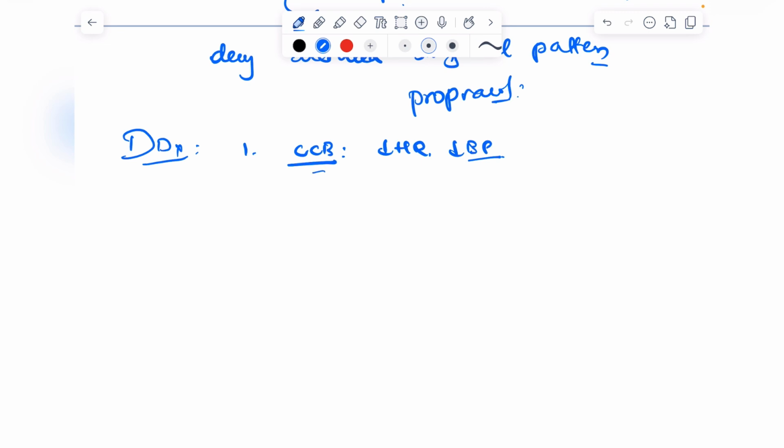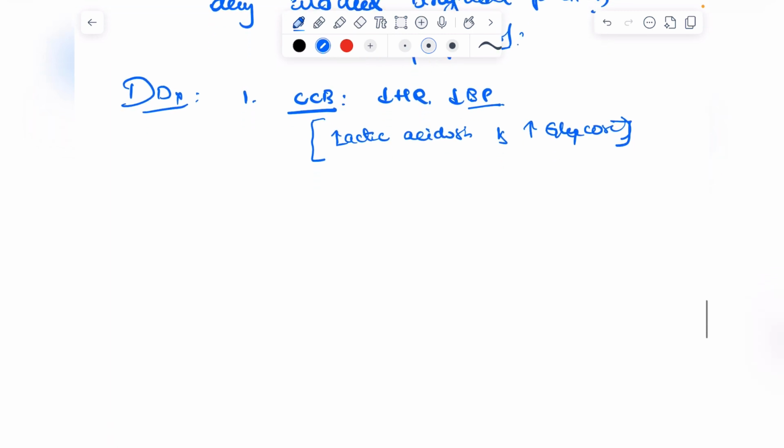CCB is characteristically associated with elevated lactate level, that is lactic acidosis, and hyperglycemia. So CCBs are characteristically associated with hyperglycemia, while beta blockers cause hypoglycemia or euglycemia. Lactic acidosis is seen in calcium channel blockers.